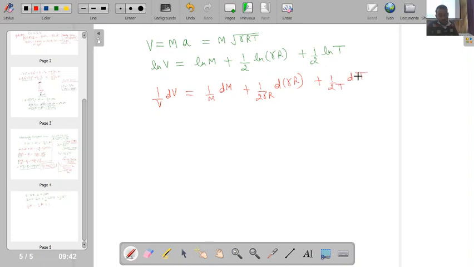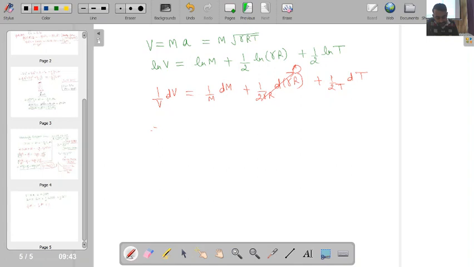Now interestingly, this d of gamma R will be equal to 0. Why? Because for a calorically perfect gas, Cp and Cv are constant. These are not functions of temperature. So the ratio of Cp by Cv will also be constant, and R is always a constant quantity, the characteristic gas constant.